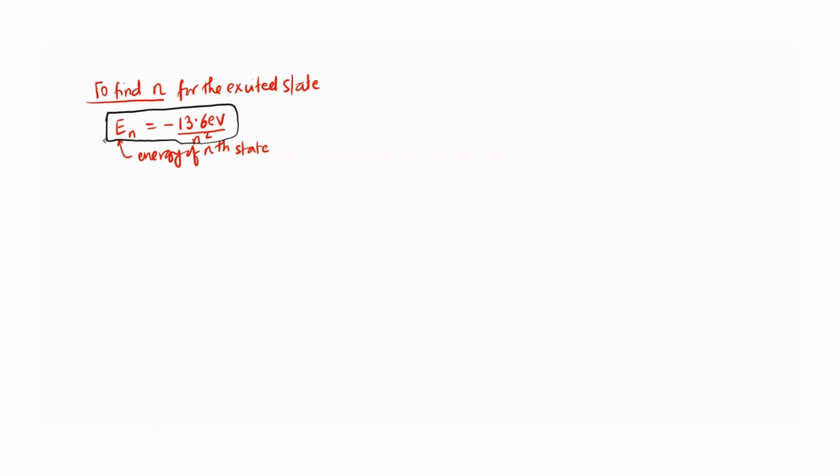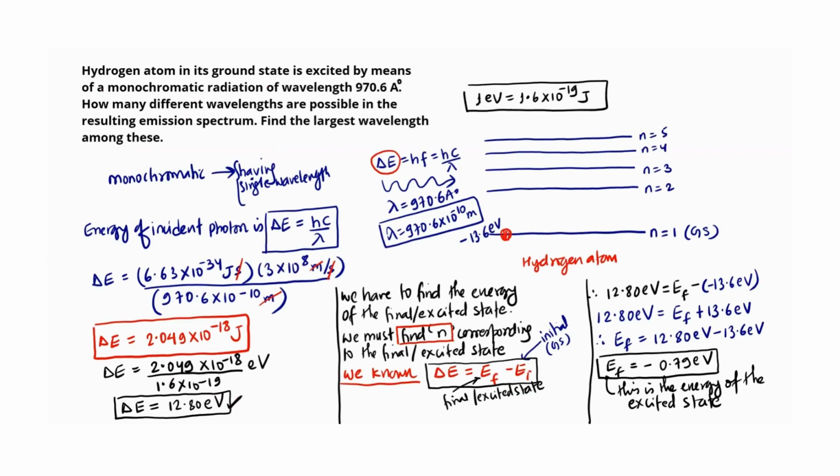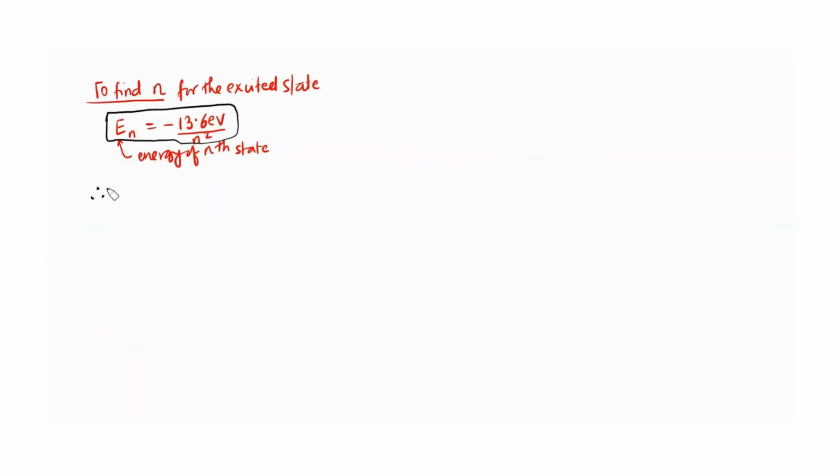Since the energy of the excited state is minus 0.79, we can write EF equals En equals minus 13.6 electron volt by n square.